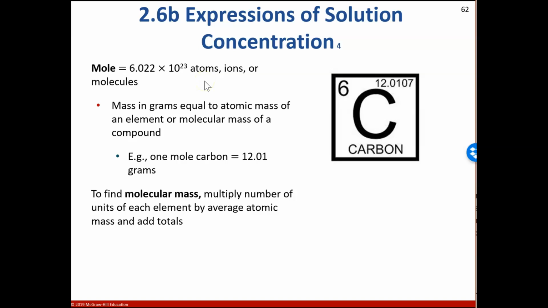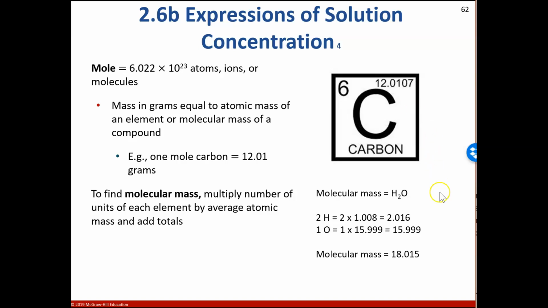To find molecular mass, we are going to multiply the number of units of each element by an average atomic mass, and then add the totals. So let's do an example of this. We have in water 2 hydrogens, so we do 2 multiplied by the 1.008, that equals 2.016, and we have 1 oxygen.